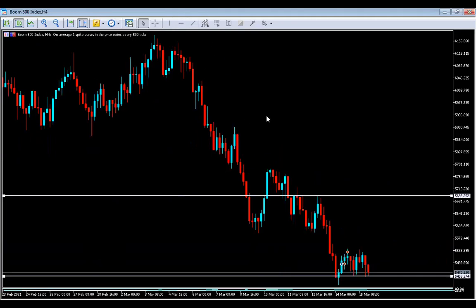All those things we do, buying from support and selling from resistance, we are actually scalping the markets. If you want to trade the market like a real trader, you trade with the trend and not scalping. So we see that it is a bearish market, and then the market came upward and it still broke out.